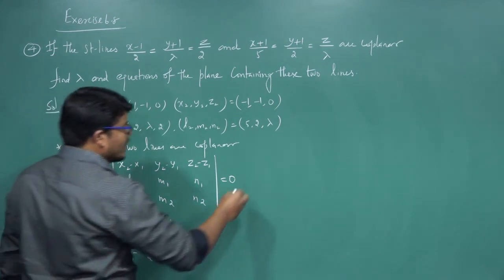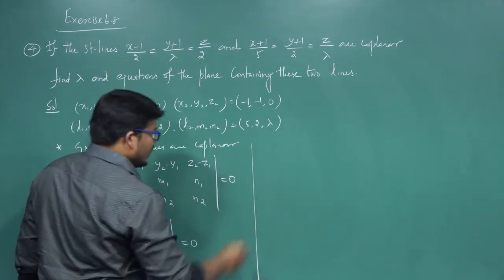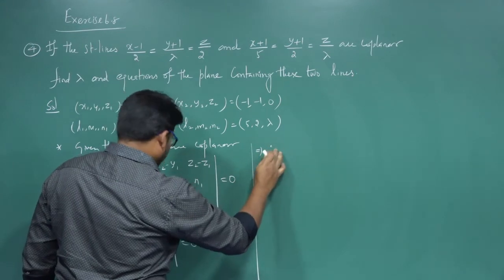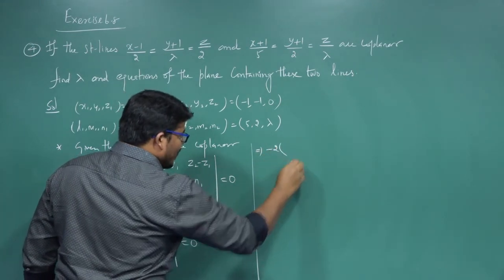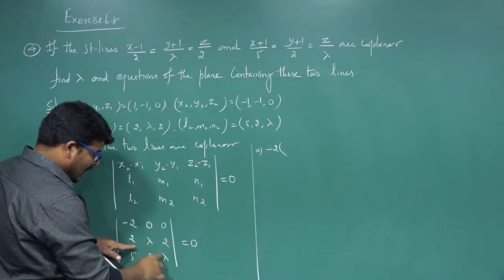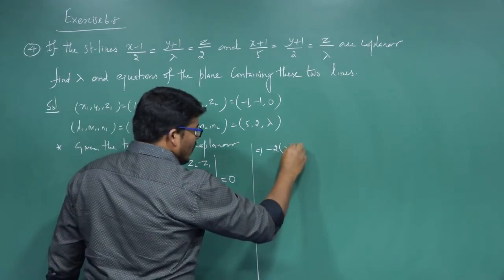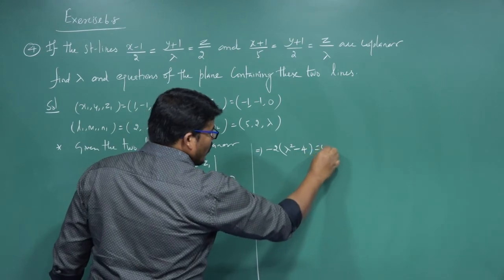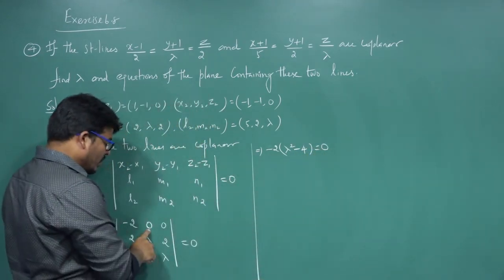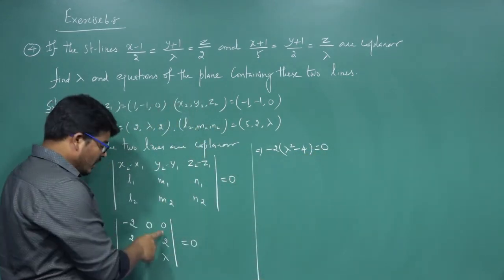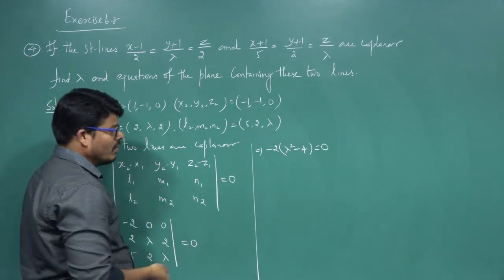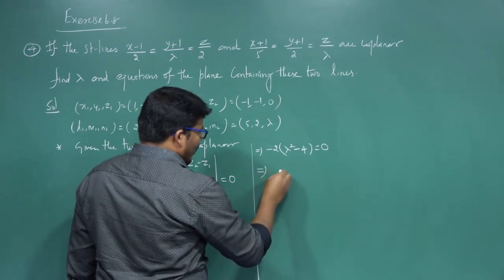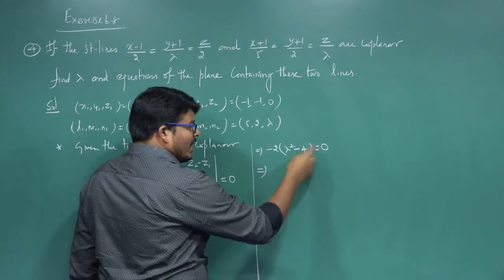That implies minus 2 into (lambda square minus 4) equal to 0.